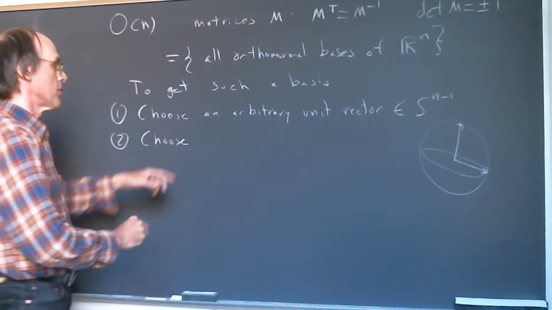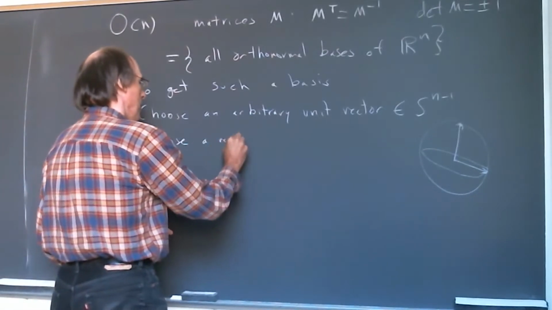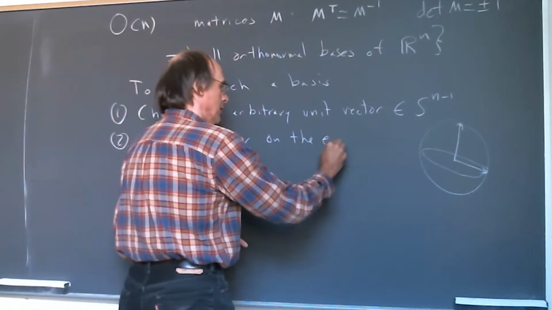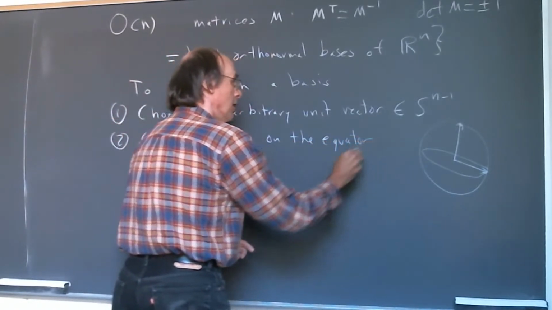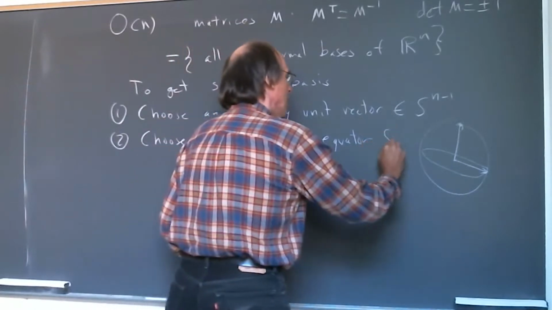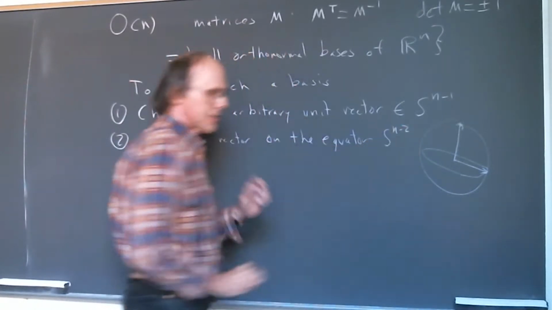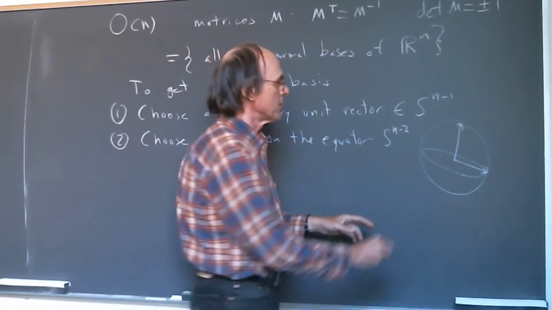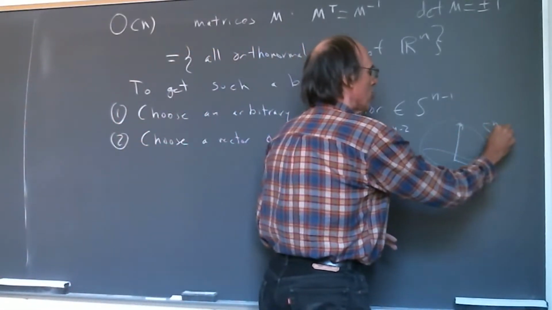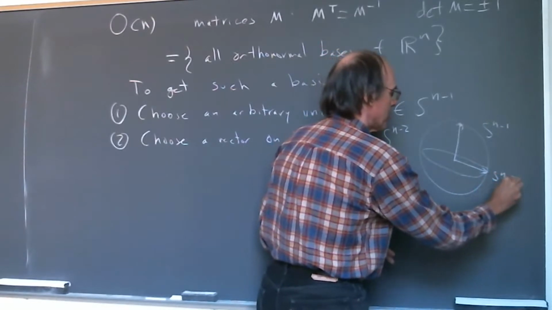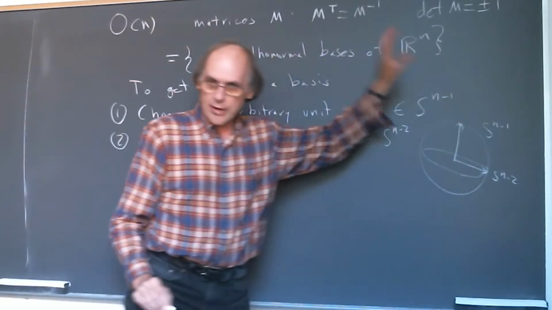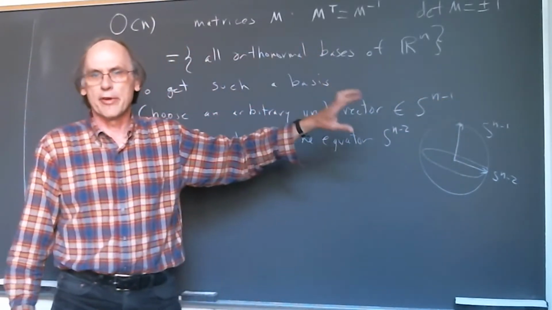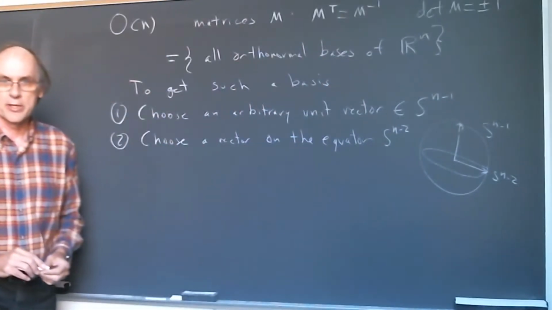So you want to choose a vector on the equator, which is an S^(n-2), a sphere of dimension 1 less. This is your S^(n-1), here is your S^(n-2). This is the picture for n equals 3, but you can imagine this in higher dimensions.